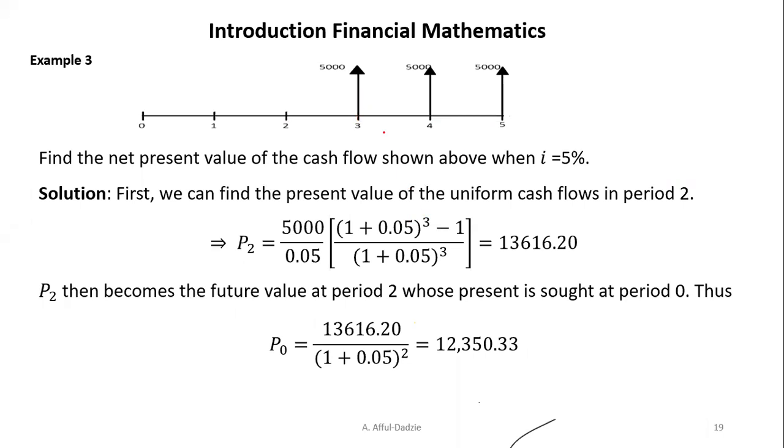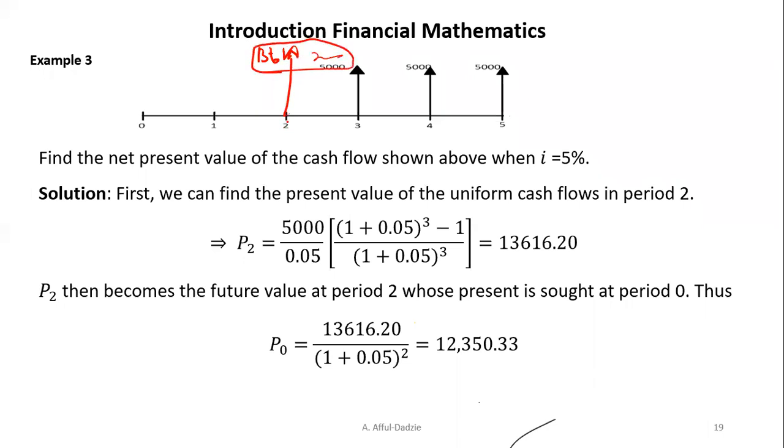Okay, so we use this and we compute this value, and we have I think 13616.20, which brings us here. So now this is one single figure.